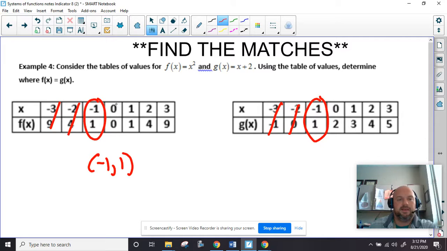Okay. 0, 0, and 0, 2, 1, 1, and 1, 3. This says 2, 4. This says 2, 4. This matches. Again, they have to be exact like this. So we have 1 at 2, 4, and here.